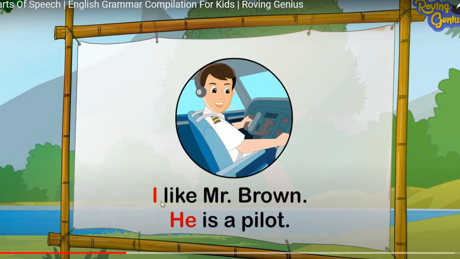For example, I like Mr. Brown. He is a pilot. He is a pronoun. I use that instead of saying Mr. Brown another time. So instead of saying I like Mr. Brown, Mr. Brown is a pilot, I just used a pronoun instead of saying the noun or the name 2 times. Okay?